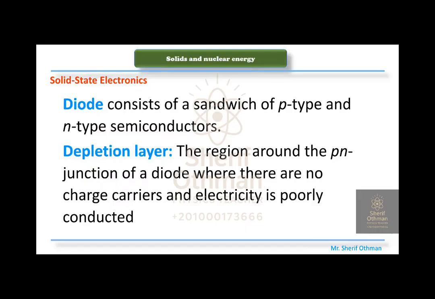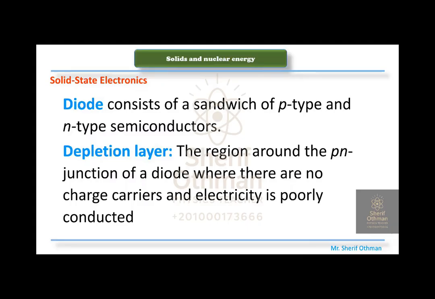Can we use these types of semiconductor in making modern and more advanced electronic parts? Yes, we will look at two electronic parts made using these semiconductors: the diode and the transistor. A diode consists of a sandwich of P-type and N-type semiconductors.